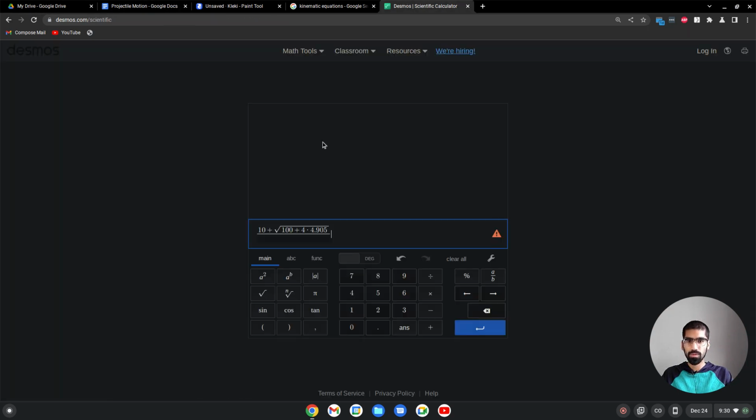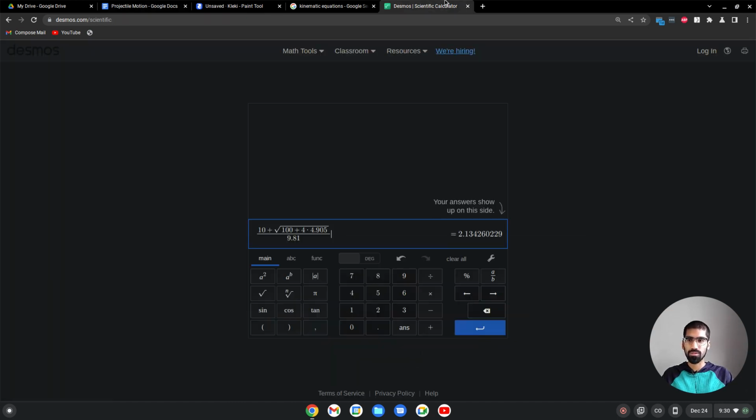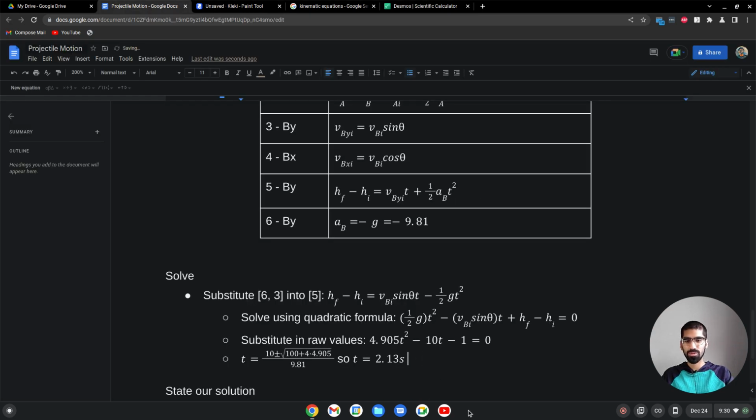Yep, all over 9.81. So you see one of the answers is positive. That seems reasonable. Time is supposed to be positive. 2.13 seconds. The other answer is negative, which doesn't seem very reasonable. We can't have negative time. So we're going to just scrap this answer and take the positive one.